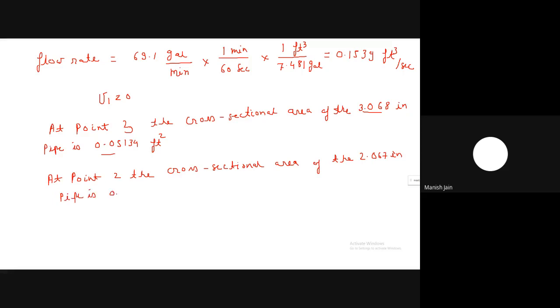It will come to 0.0233 feet square. Now you know the cross-sectional area, and you know the volumetric flow rate Q.